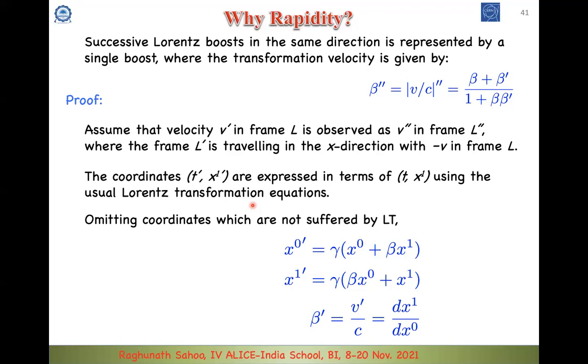We know already these Lorentz transformation equations, which I wrote earlier. If I calculate beta prime, which is equal to v prime by c, where beta is defined as the relative velocity of the particle or system with respect to the speed of light, then this can be written as dx1 divided by dx0.